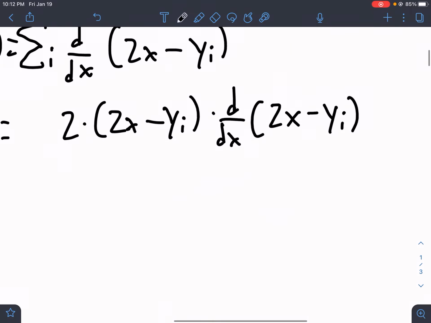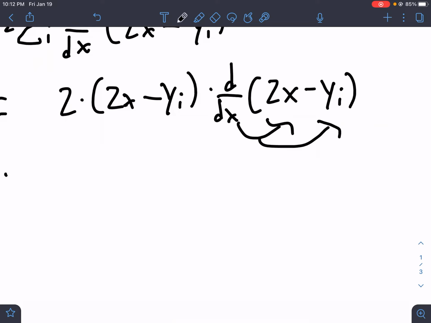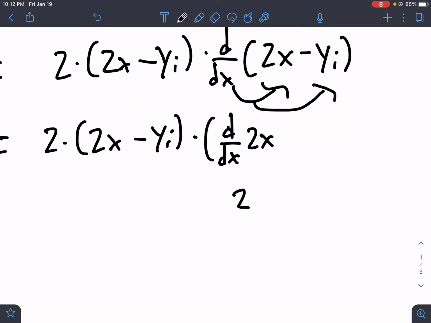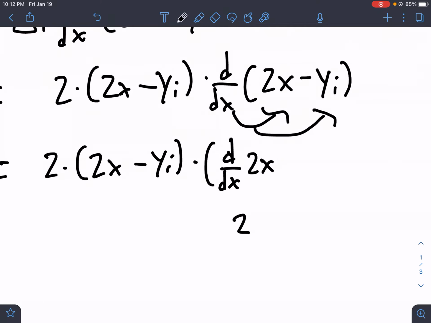When we distribute the derivative inside, the derivative of 2x is going to be 2, and the derivative of yi with respect to x is 0.